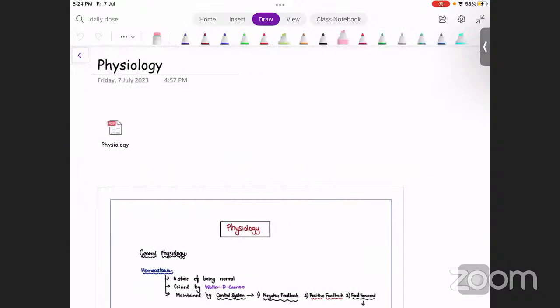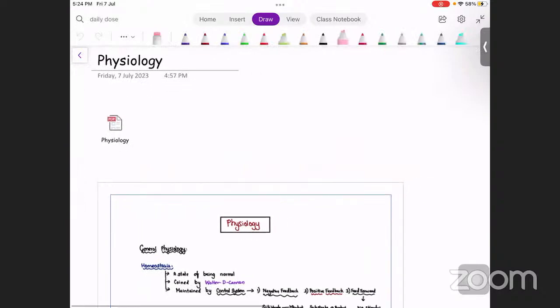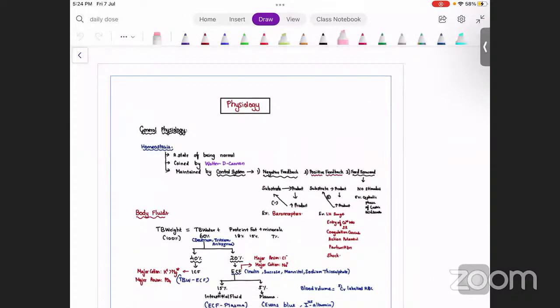Speaking about the physiology, you have to know few things in the physiology, people. The very, very high yield areas in the physiology section are your GI, your CVS, and your neuro.